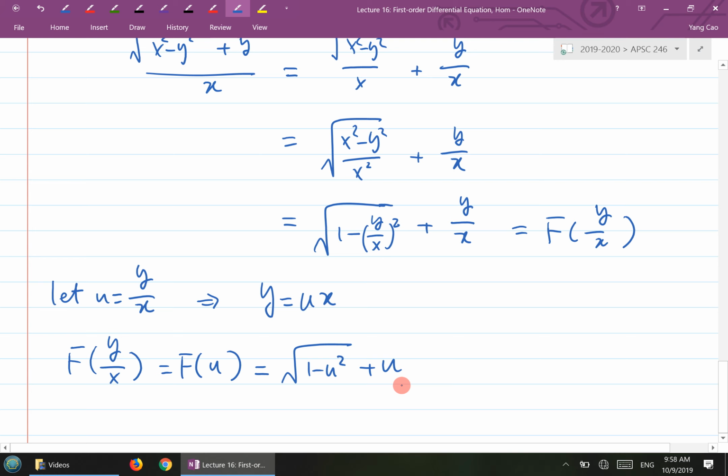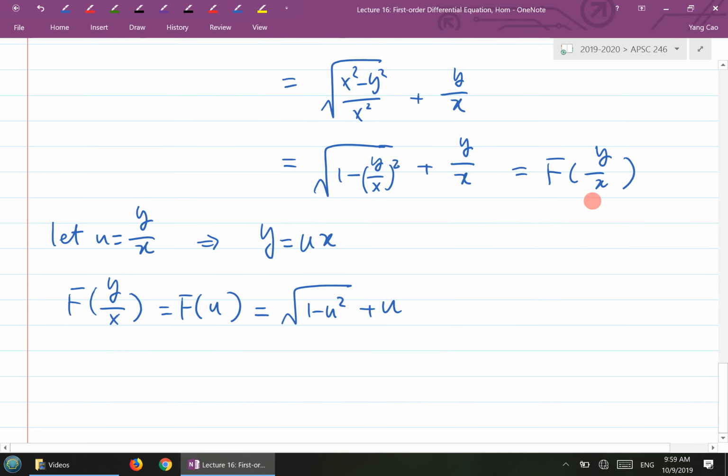So your original differential equation becomes y prime equal to f of u. And this is the right side of that original differential equation. And in this case, this is your f of u, right?